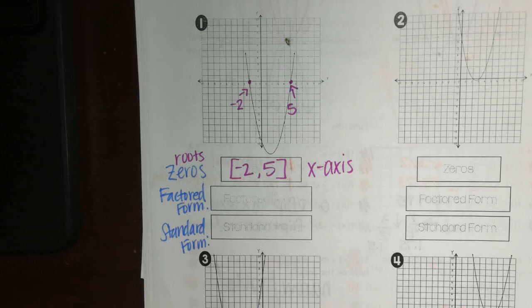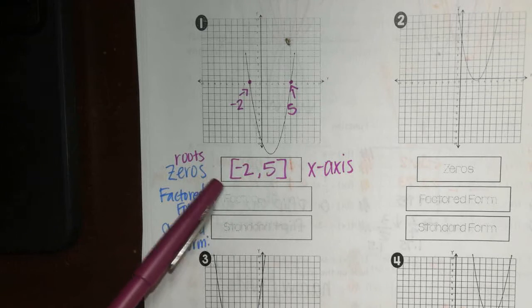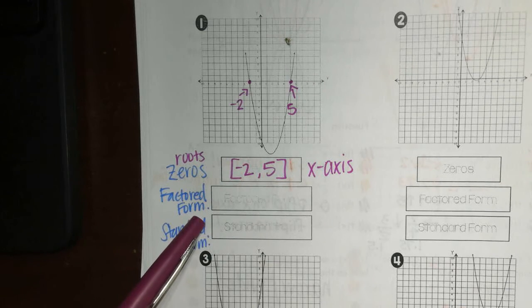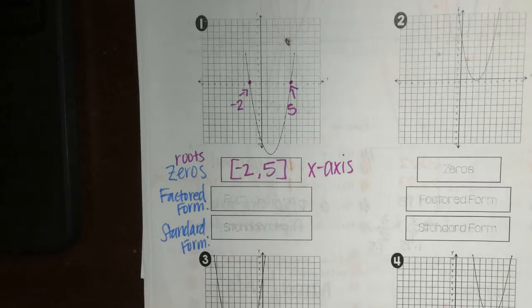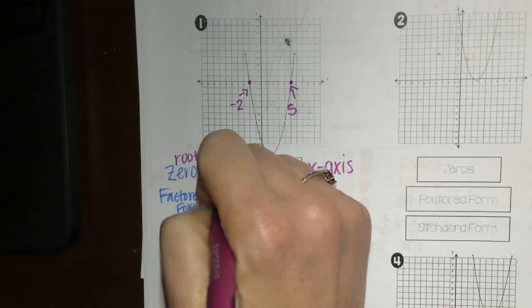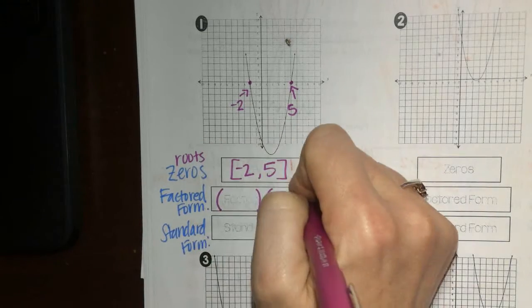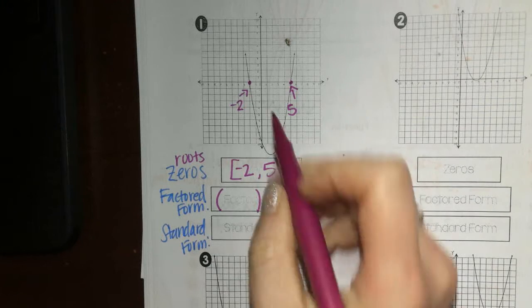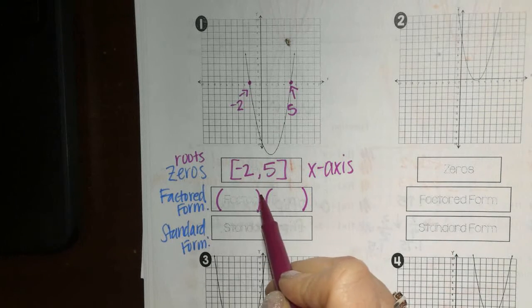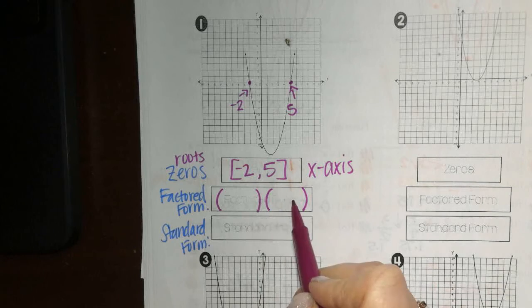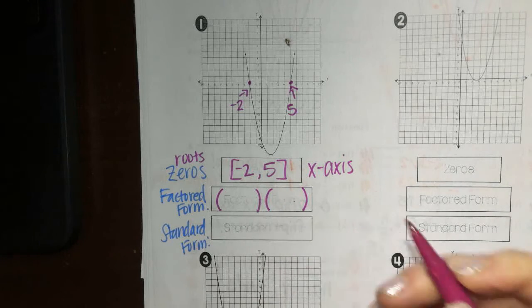We're going to take these zeros and put them in what we call factored form. Factored form basically puts them back into binomials, like the answer you would have when you factor.